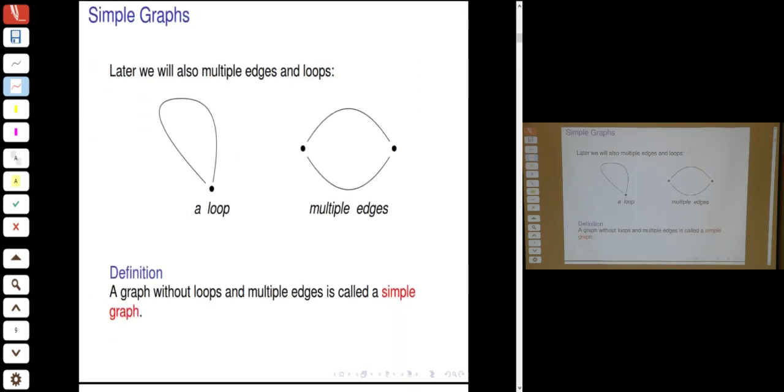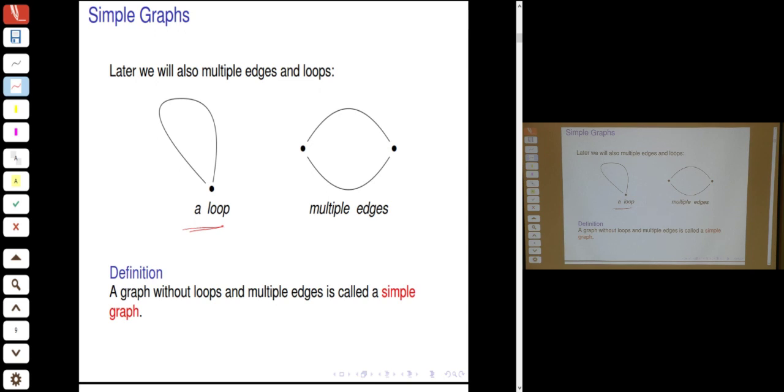A simple graph is, before understanding what simple graphs are, it's easier to understand what are not simple graphs, and then we will define simple graphs by complement.